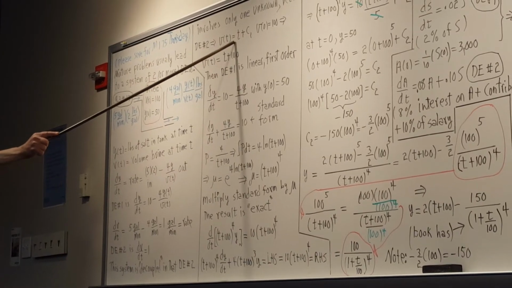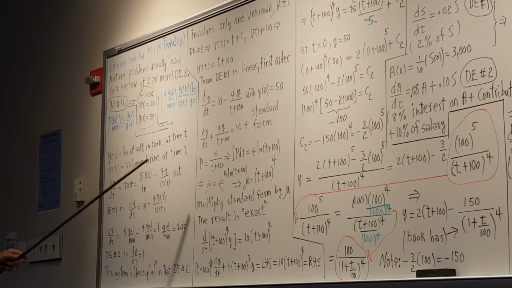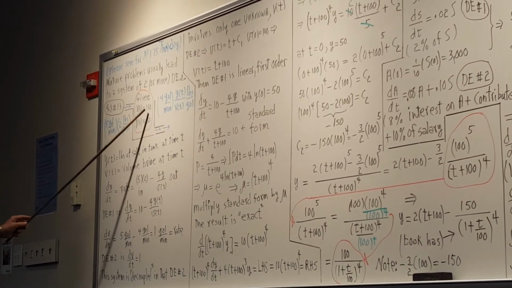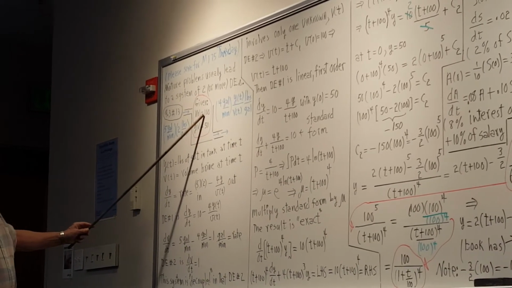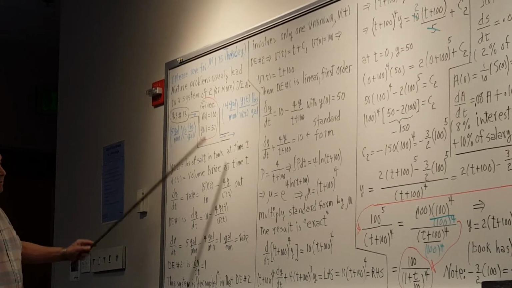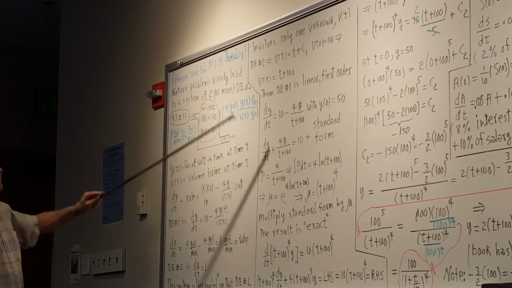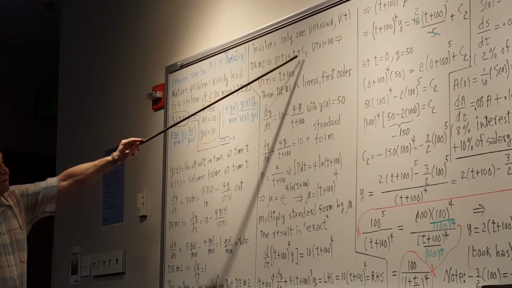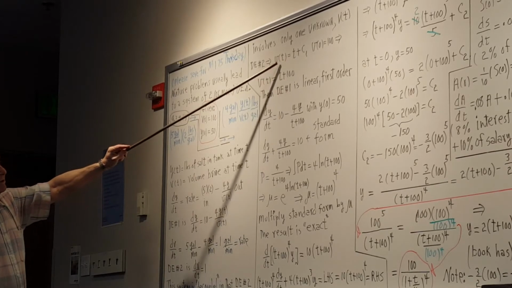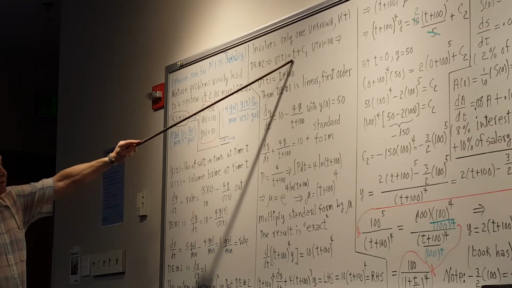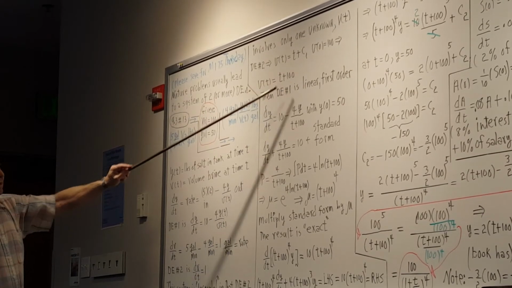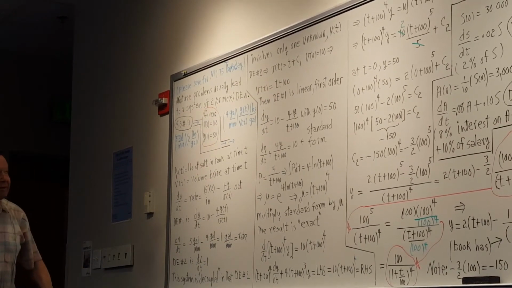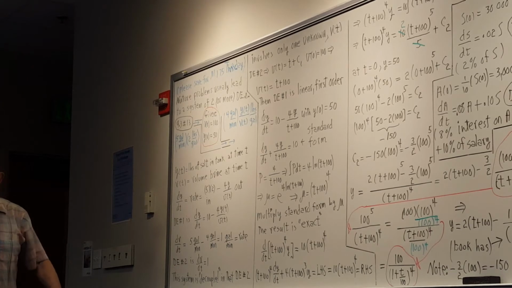You have V equals t plus a constant, and your beginning volume is 100, because that's what the problem gives, 100 gallons. So obviously the constant is the value at time 0, which is the 100. So your volume in terms of time is 100 plus t.